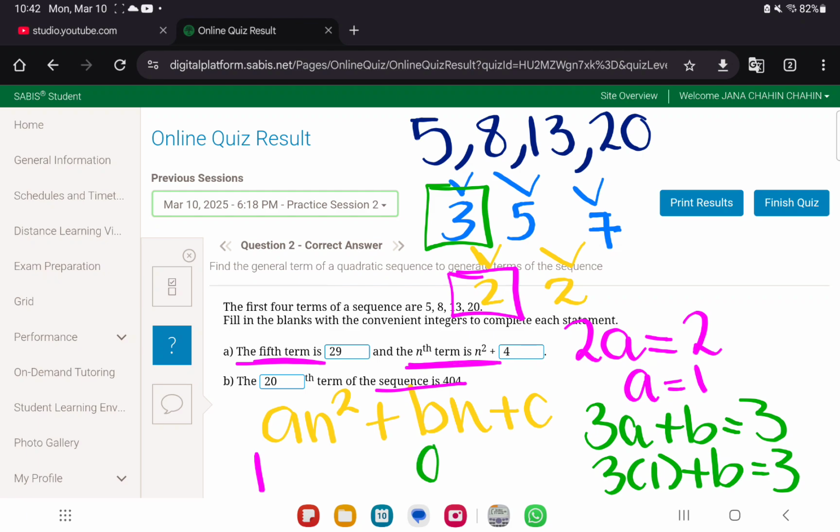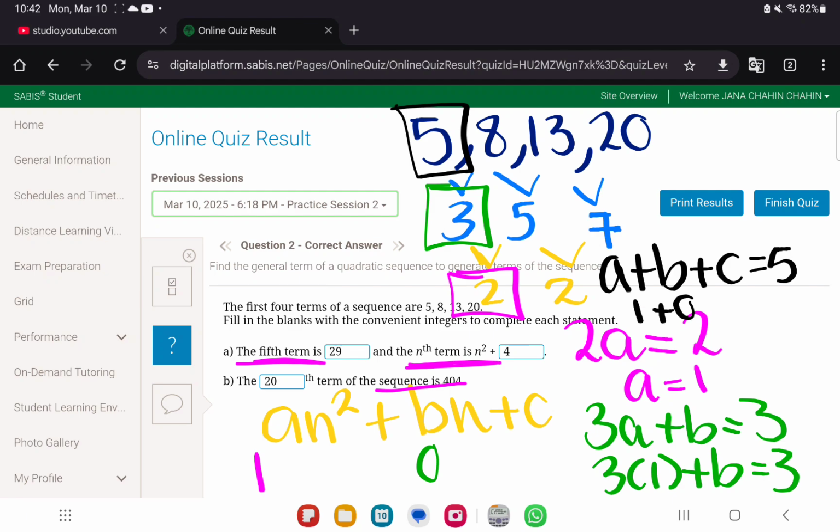Now to find c, you do a plus b plus c equals this number here, which is 5. So a is 1, b is 0, plus c is 5. 5 minus 1 equals c. c equals 4. So this is 4 here.